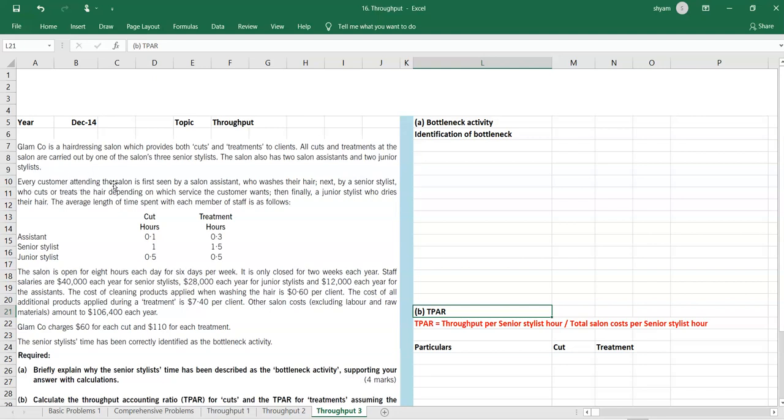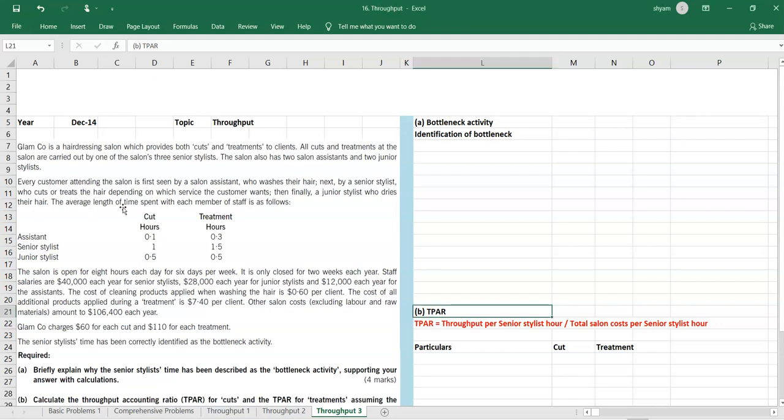Every customer attending the salon is first seen by a salon assistant who washes their hair, next by a senior stylist who cuts or treats the hair depending on which service the customer wants. Then finally a junior stylist who dries their hair. The average length of time spent with each member of staff is as follows.